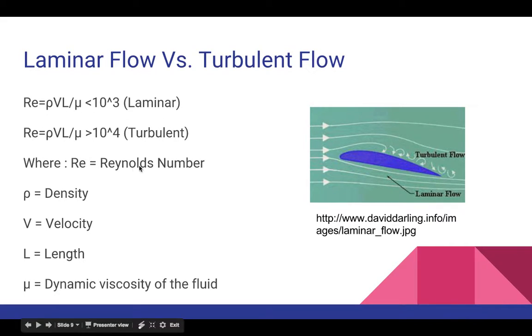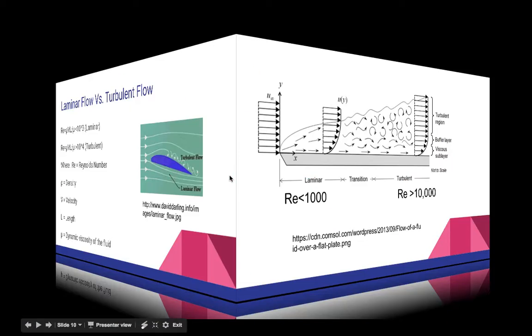But if it's greater than 10,000, then it is a turbulent flow. And we'll show you what happens in between, when it's not less than 1,000 or greater than 10,000.